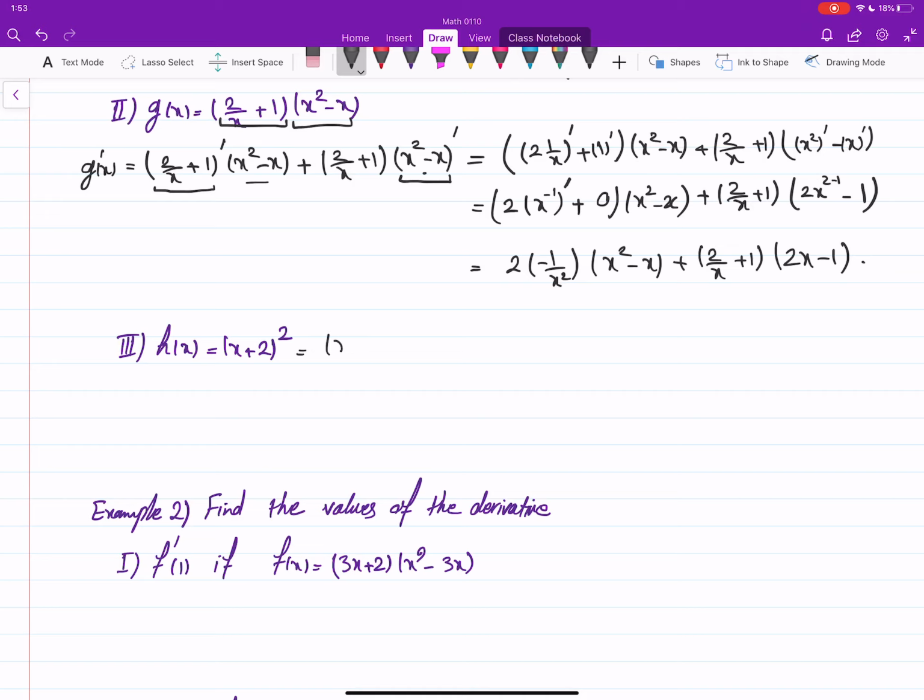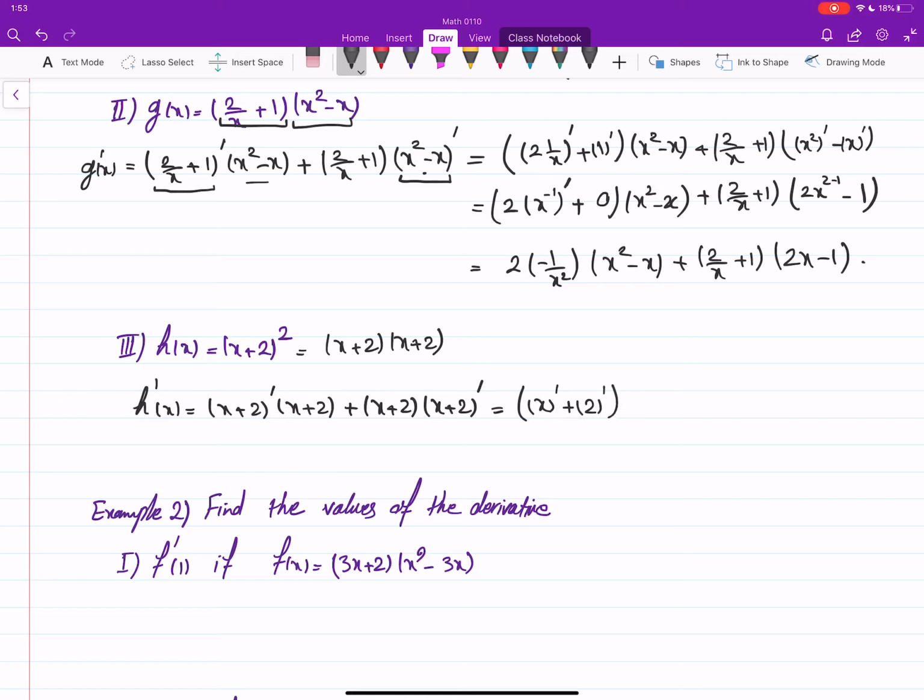But instead, I can see this as this thing. Now, if I want to find the derivative, it is the derivative of the first one times the second one plus the first one itself times the derivative of the second one. And we'll apply the sum rule for this one.